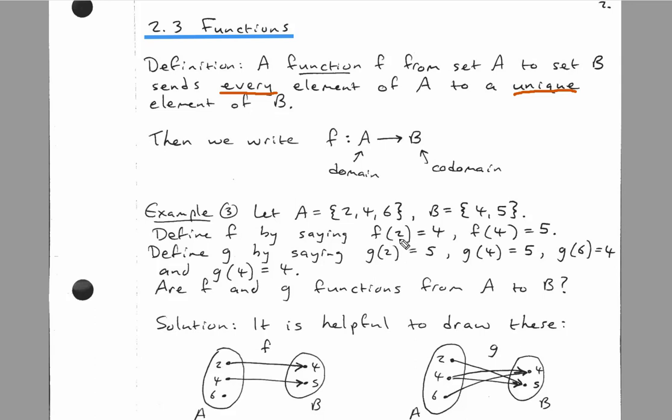Okay, so it's sending things in A, 2 and 4, to things in B, 4 and 5. A different mapping here, this g sends 2 to 5, 4 to 5, 6 to 4, and 4 to 4. Then the question, are f and g functions from A to B?